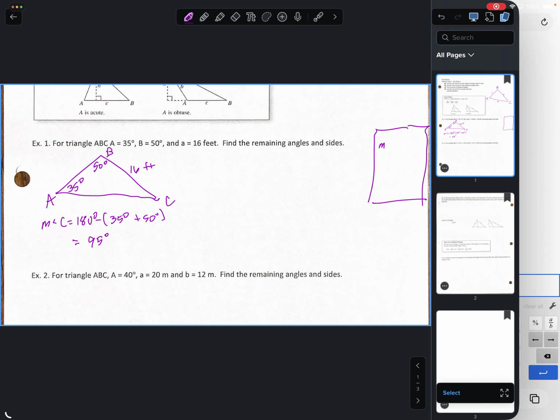And so one of them is the measure of angle C is 95, and put a degree symbol on that. So you have 3 missing pieces: the measure of angle C, and then little c and little b are missing. And we just found out that angle C is 95 degrees. So you're going to need to find c and b, and those will be approximated.